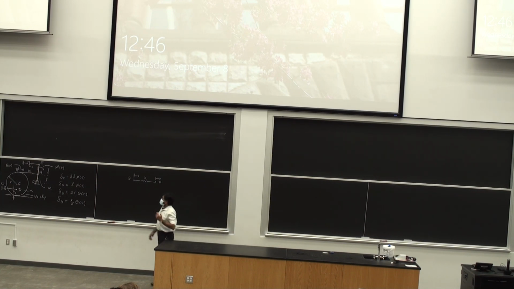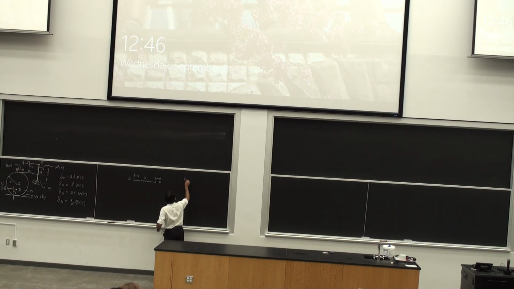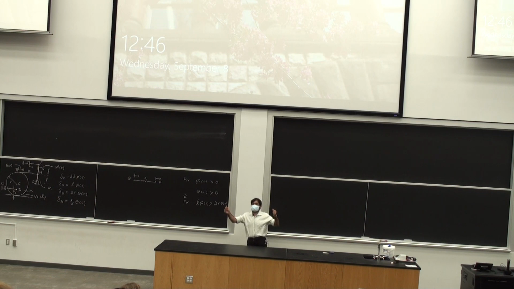Upon deflection and under the assumption that I have positive phi and positive theta, and for L phi greater than 2r theta, if the deflection of point A is larger than that of point B, then what's happening to the spring? It is getting stretched.